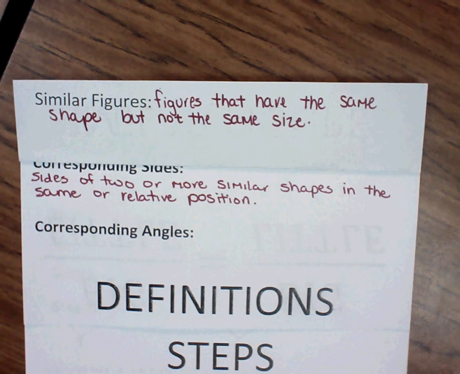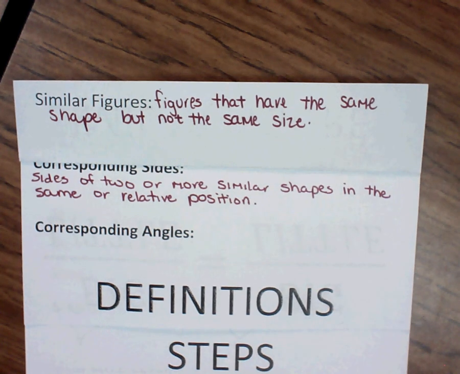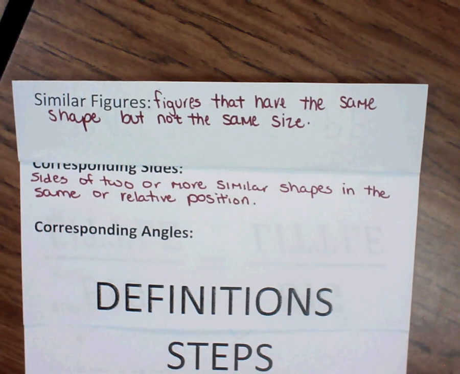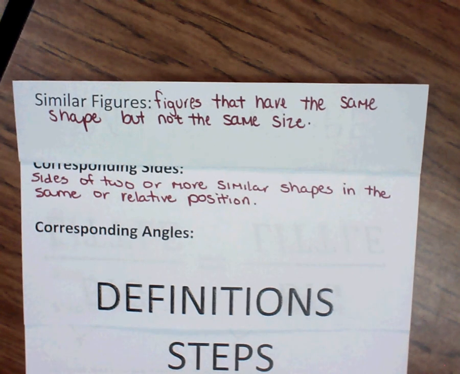So when I'm looking at a similar figure, I want to find the sides that are in the same position, because sometimes the shapes will be rotated, so we have to make sure that we're labeling and identifying the corresponding sides first.